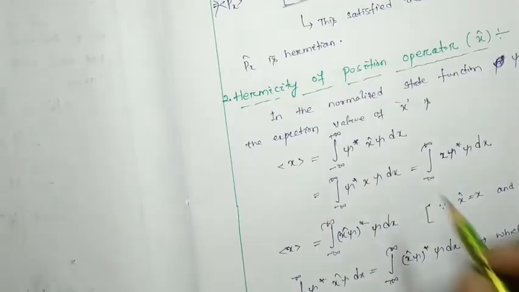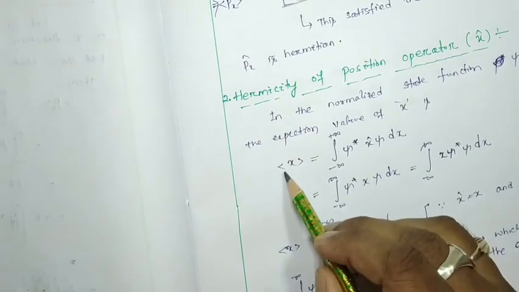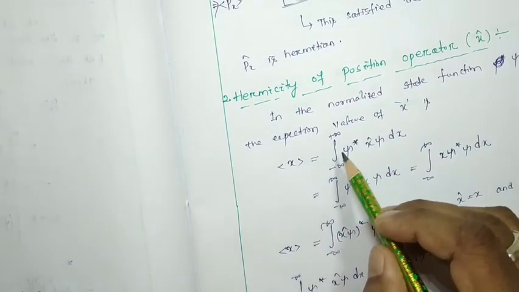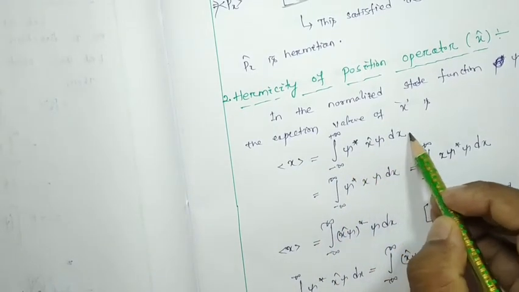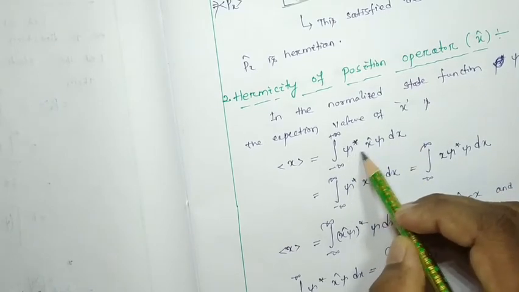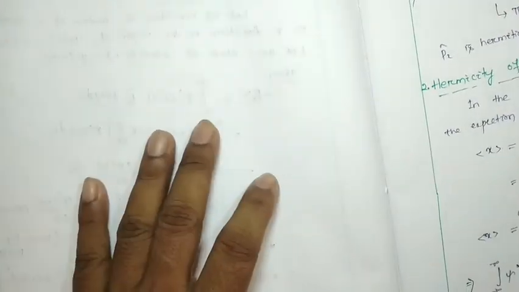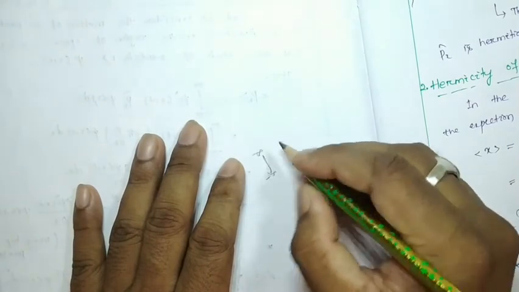Before I discuss the position operator, see, here I have not written the function of x,t. Suppose the expectation value of the x position will be written as the integral of psi star(x,t) x cap psi(x,t) dx. It has to be written like this, but I have not written it here, because if you do not write it, it does not mean that it is not a function of x,t.